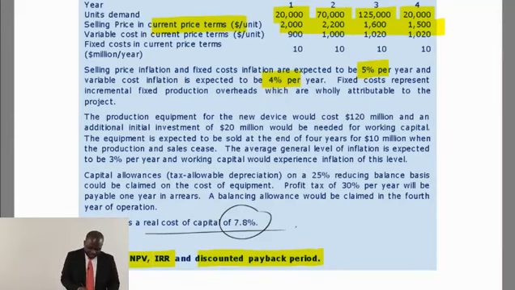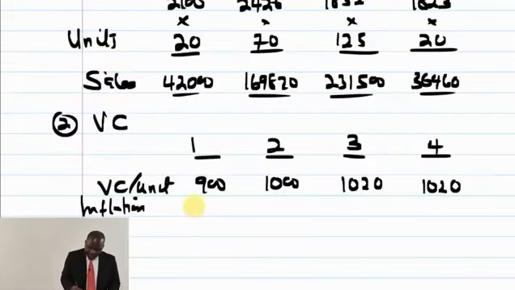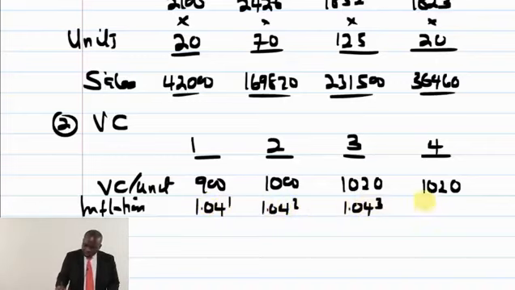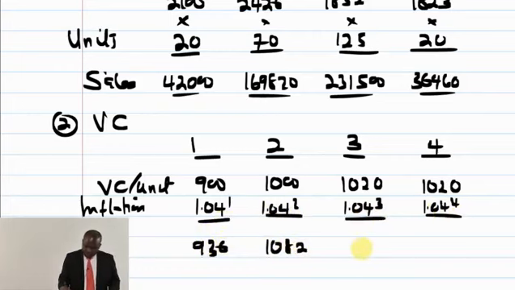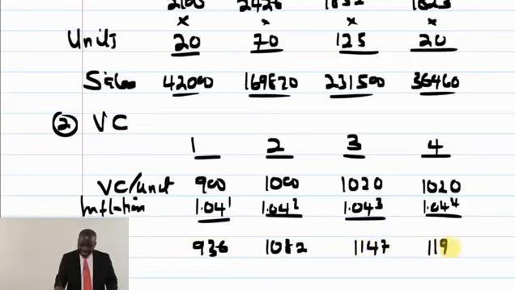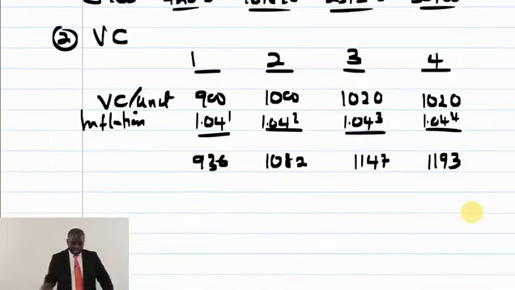So if it is 4%, we're going to have 1.04^1, 1.04^2, 1.04^3, 1.04^4. And then when we multiply, we're going to get 936, 1,082, 1,147, 1,193. And what will be the unit?